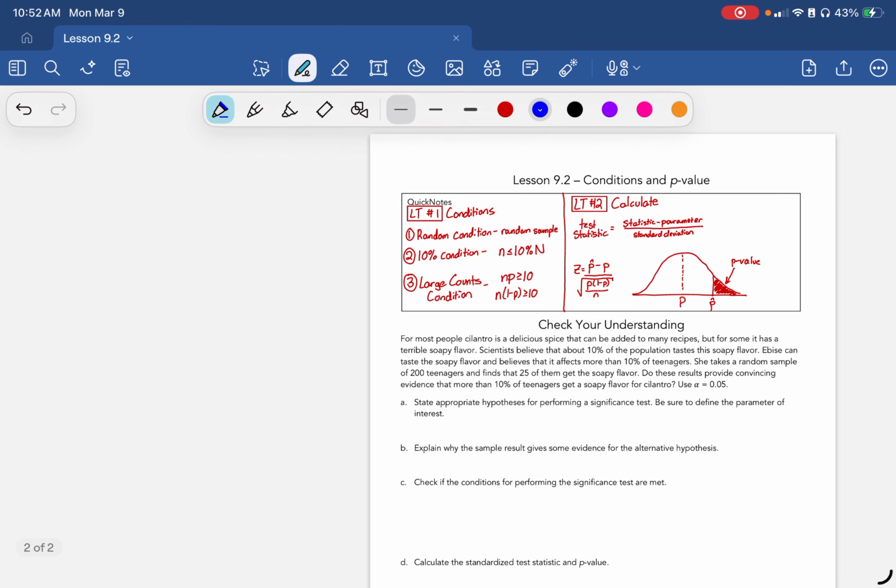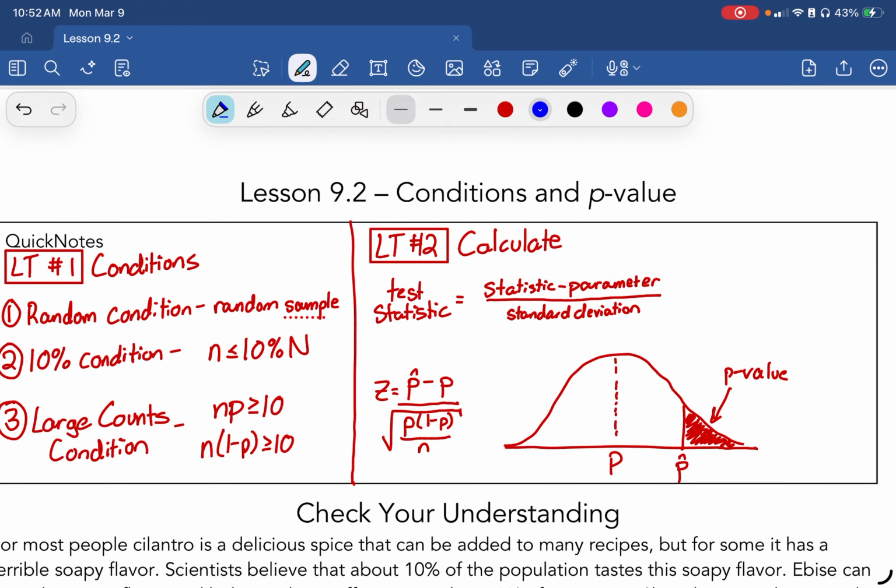So what do we do in 9.2? There's two things. And again, this is not one of these lessons that is eye-opening because we're still in the world of proportions. We still have three checks we have to do. We have to check if this is a random sample so we can generalize to the population. We still have to check if our sample size is less than 10% of the population, that way we can sample without replacement.